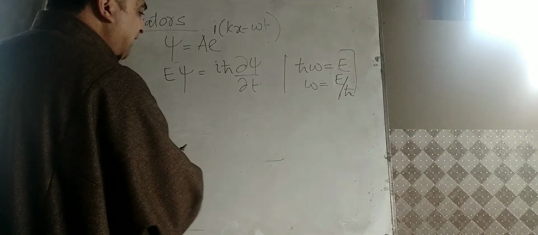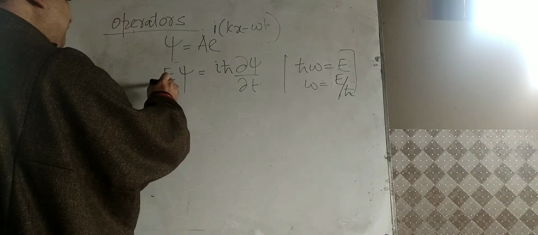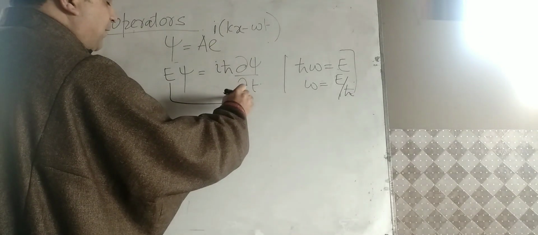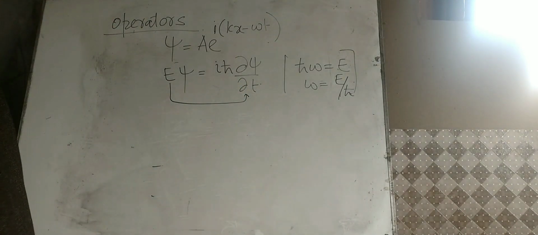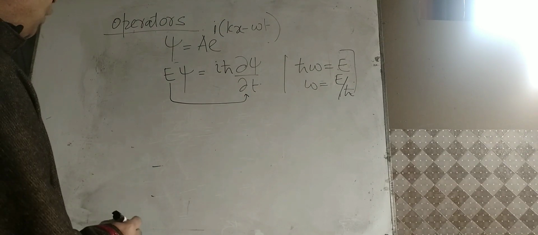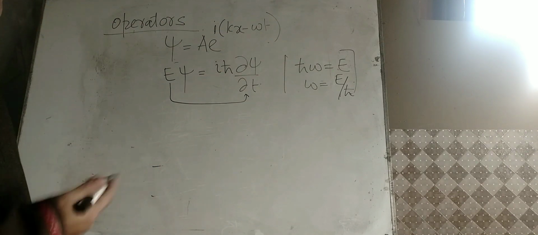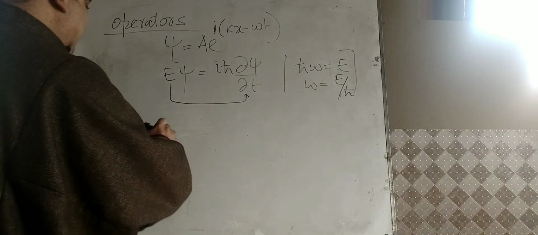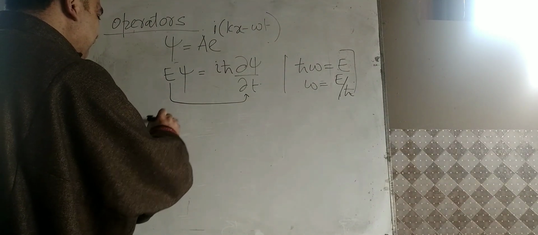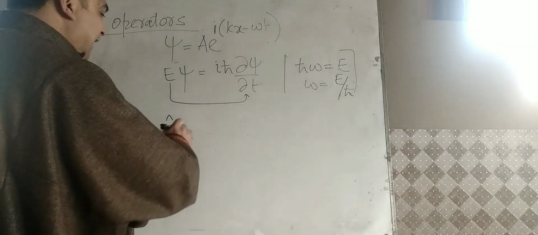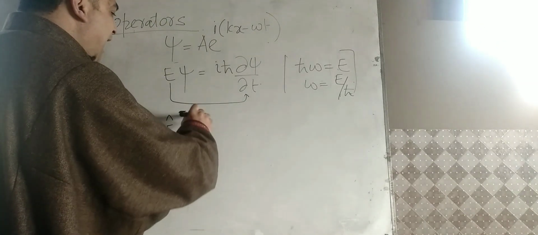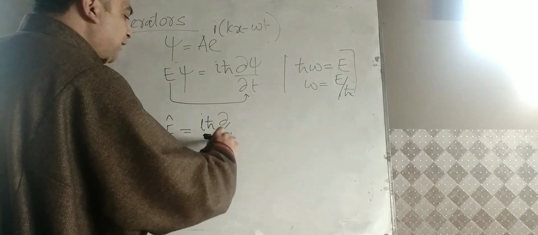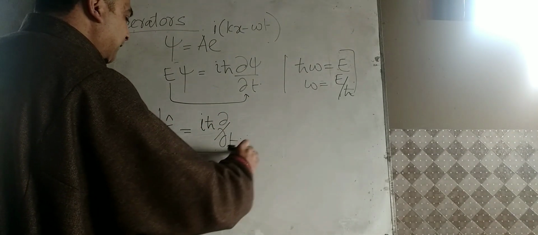So in a similar fashion, the dynamical quantity E has a clear relation with this operator. That relation, the relation that this energy has with the operator, can be written as E with a caret on it. And that will be i h bar partial derivative with respect to time.